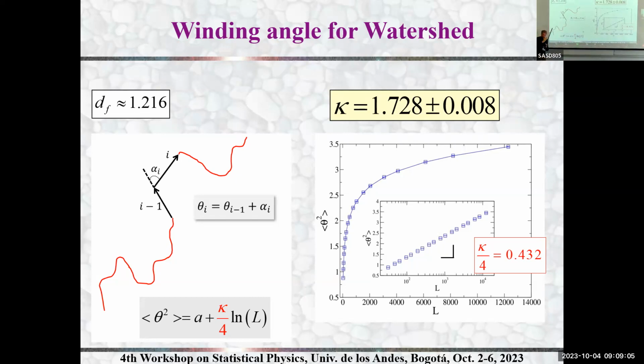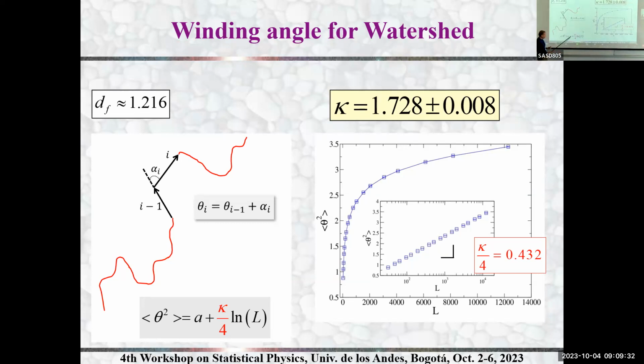When you go from one time step to the next, there is a change in that direction, a change in angle. Now what you do is sum up the angle from the beginning. This gives you the actual angle, because sometimes it's positive, sometimes it's negative.